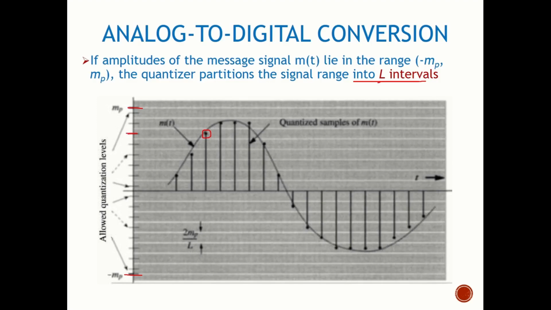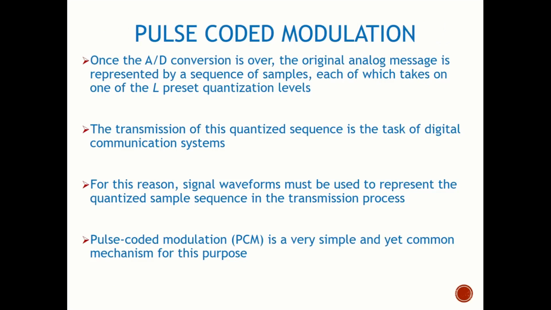We have, for example, minus MP as the lowest amplitude that it can go, and plus MP is the highest amplitude. So the width of one level is 2 MP divided by L, which is the total number of levels. So this is how the quantization works.